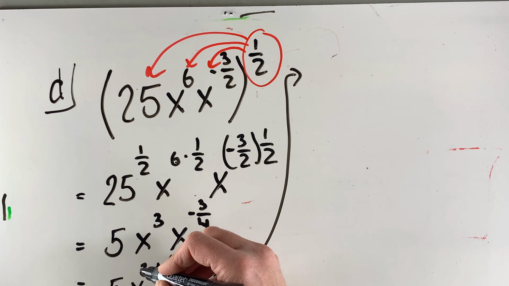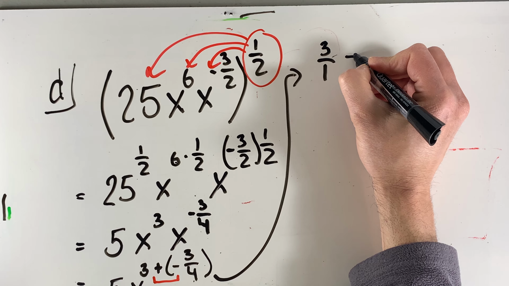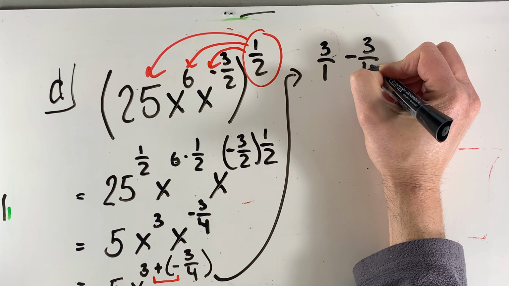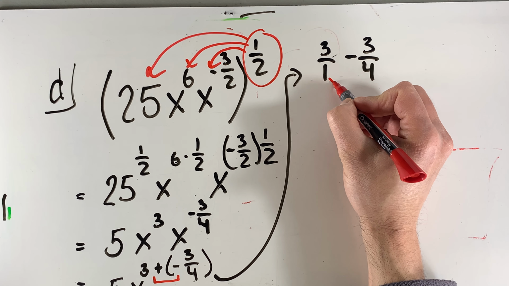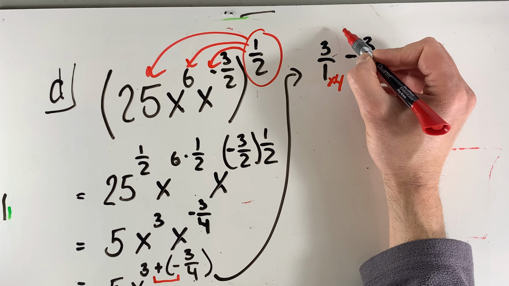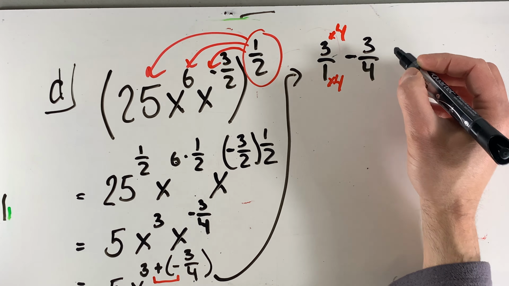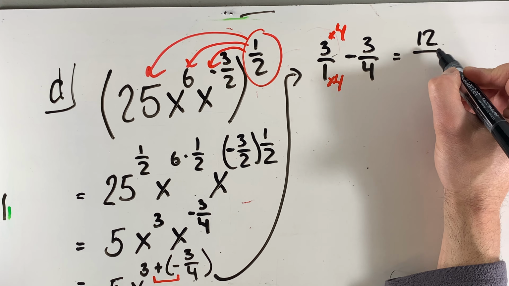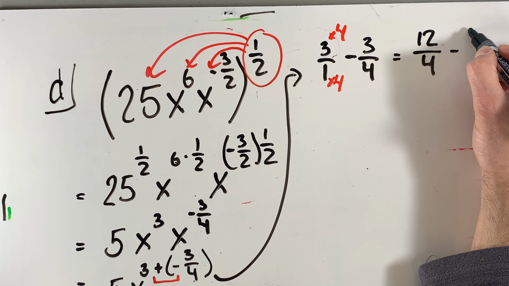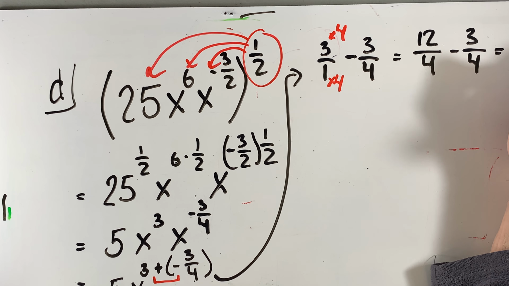The 3 can be written as 3 over 1 minus 3 over 4. Then we multiply this by 4 so we have the same denominator, and multiply upstairs by 4 as well, which gives us 3 times 4 is 12 over 4 minus 3 over 4. This is 9 over 4.